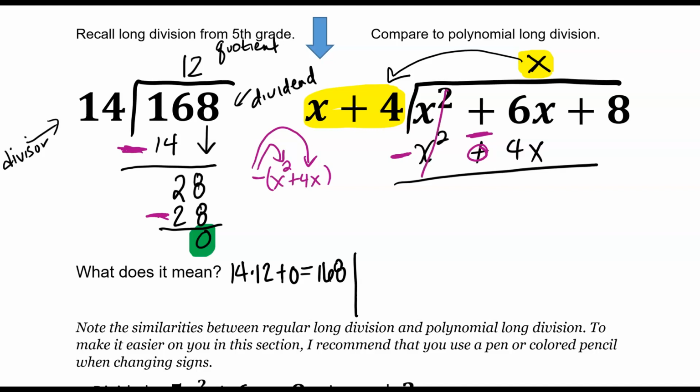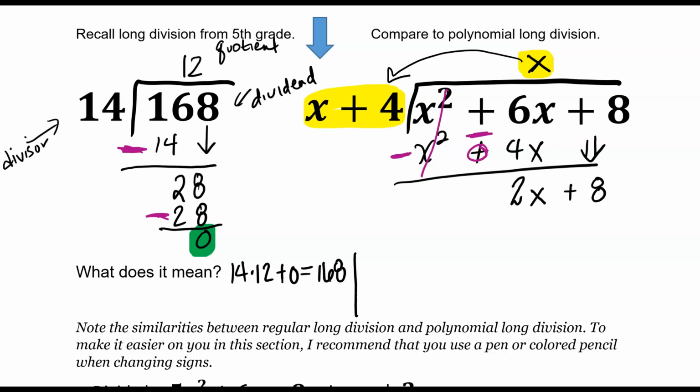Notice that x squared minus x squared cancels. It should. If it doesn't cancel, that's a problem, and you may need to start over. And next, 6x minus 4x is 2x. And we bring down a term now since we are dealing with polynomials.